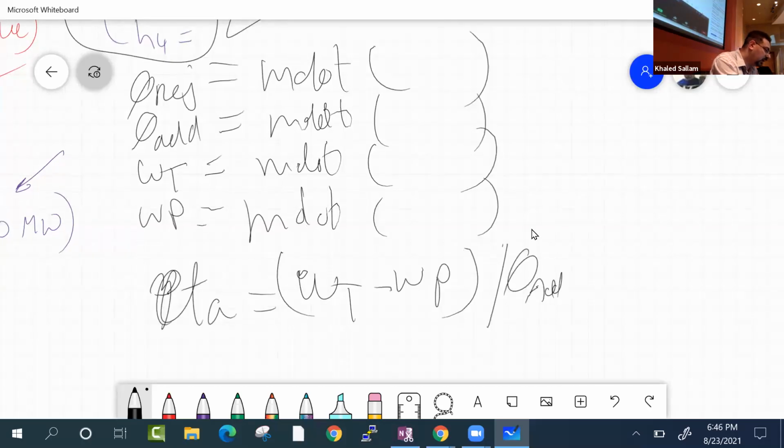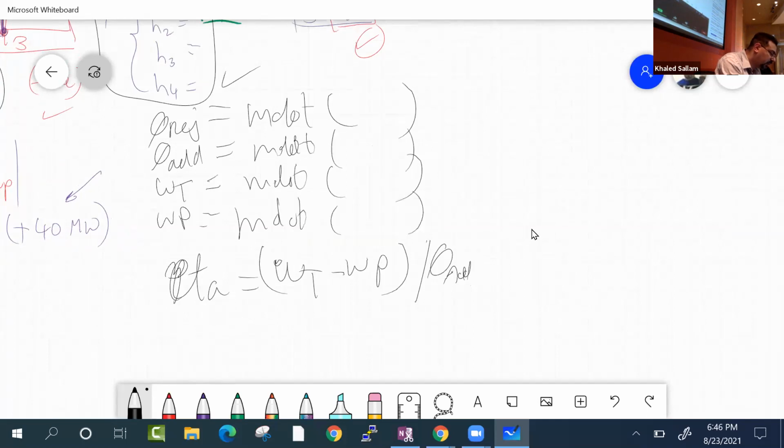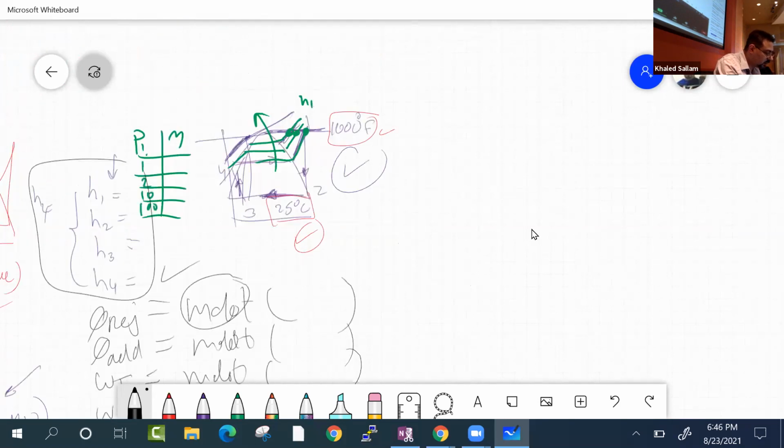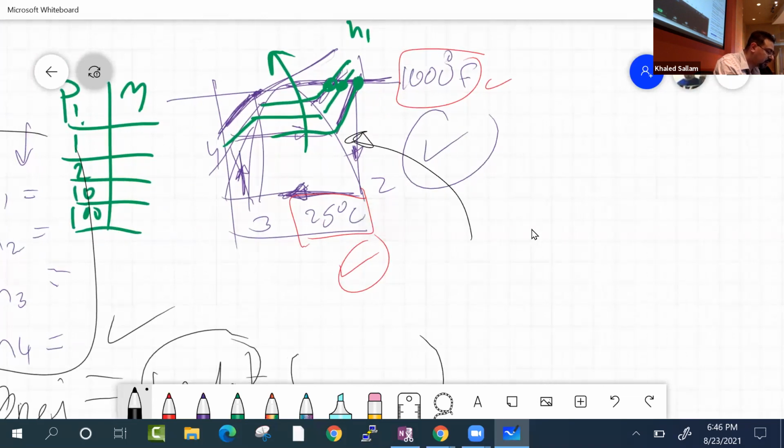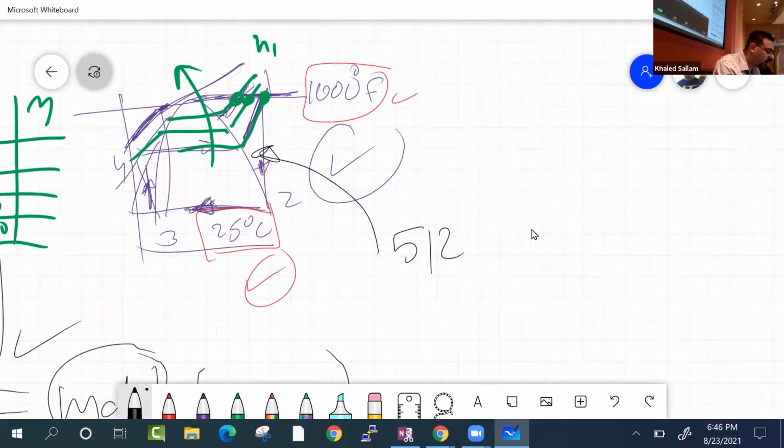I calculate the efficiency from calculating work turbine and Q added. But he's telling me how to calculate this M dot. How? Well, notice that this turbine is supposed to generate 512 megawatts. So how do I calculate the M dot?